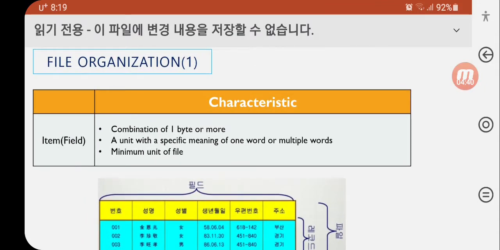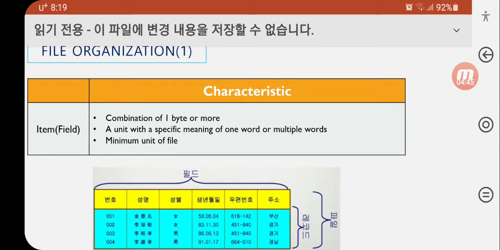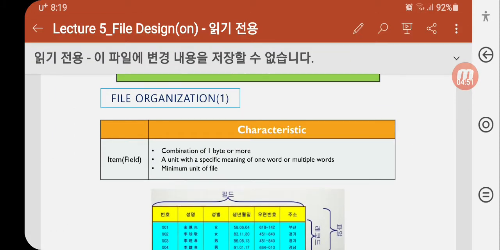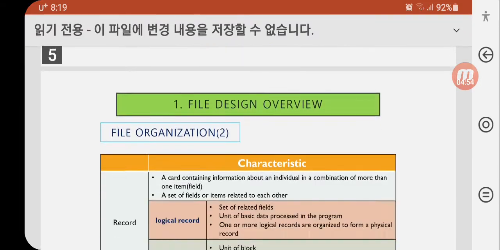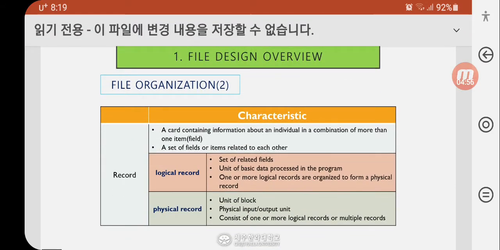A row is a record, and a column is a field. And record is a card containing information about an individual in a combination of more than one item. Record is a set of fields or items related to each other.